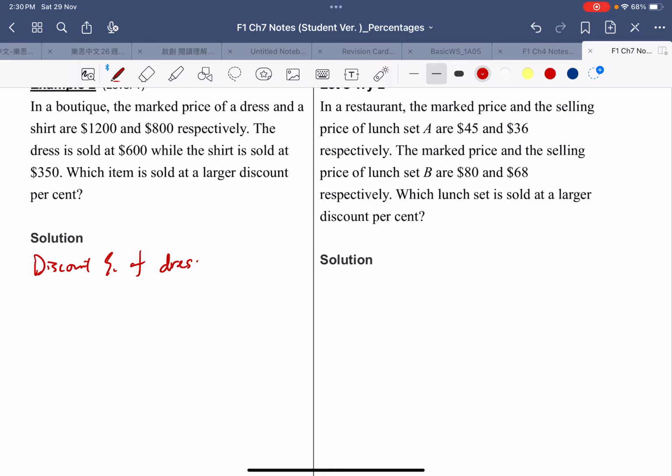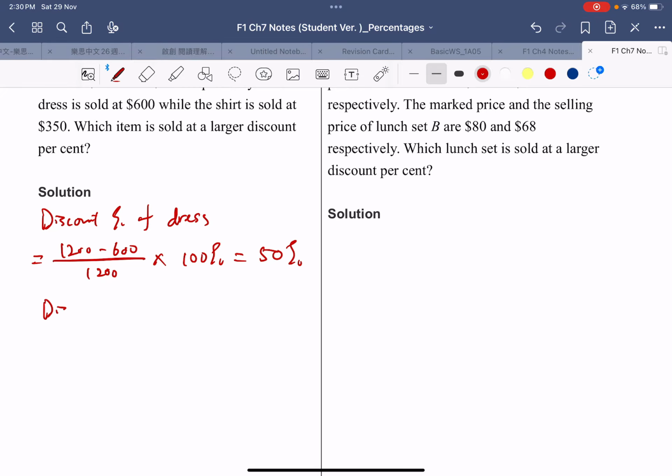Dress equals the amount of discount, that's the market price minus the selling price, divided by the market price, then this is 50% discount for the dress. Discount percent of shirt.